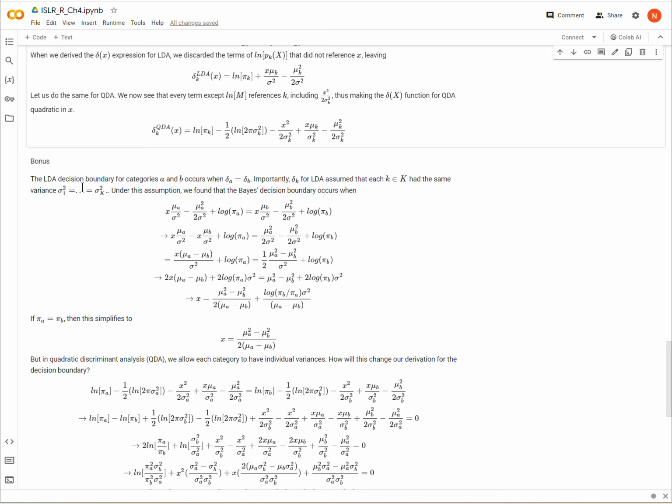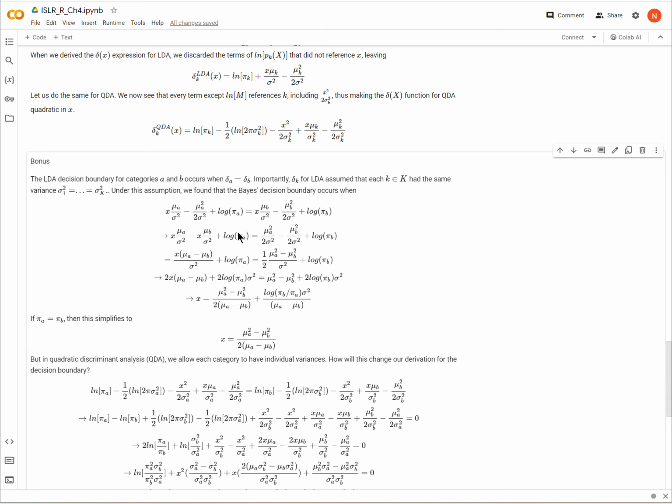So what about the boundary? What about the boundary function, or the decision boundary for LDA as well as for QDA? All right. So the book gives us the decision boundary for LDA, and I'm just showing how to derive it here. Basically the steps are, I take the delta function for class A and the delta function for B, and the decision boundary is where these two things are equal to one another.